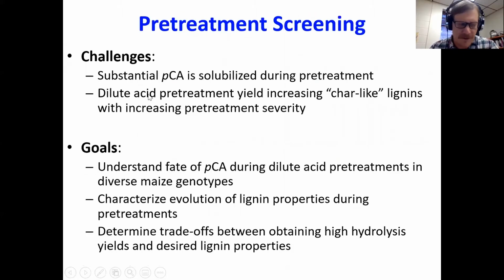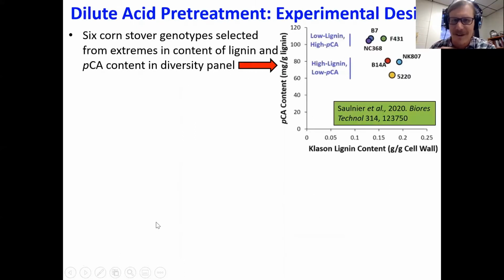With this, we've identified that substantial PCA can be solubilized during pretreatment, and dilute acid pretreatment at high severities results in increasingly char-like lignins that are more difficult to recover. That's one of the things we want to understand with this work: the fate of PCA, the evolution of lignin properties during pretreatments, and the trade-offs between obtaining high hydrolysis yields and desired lignin properties.